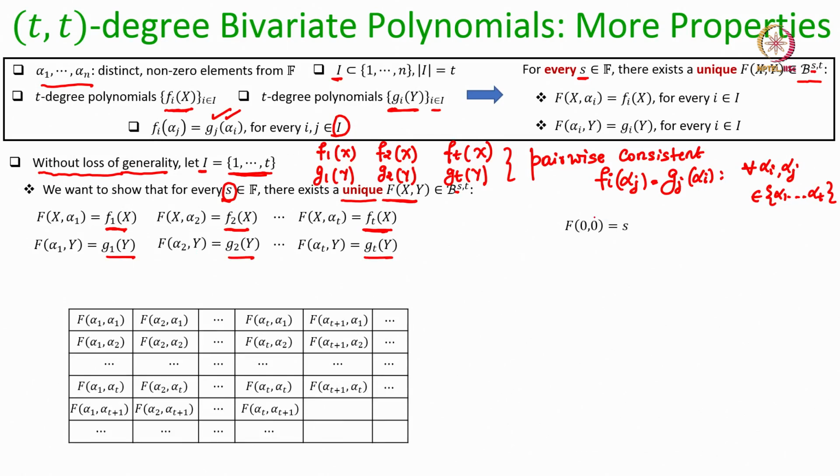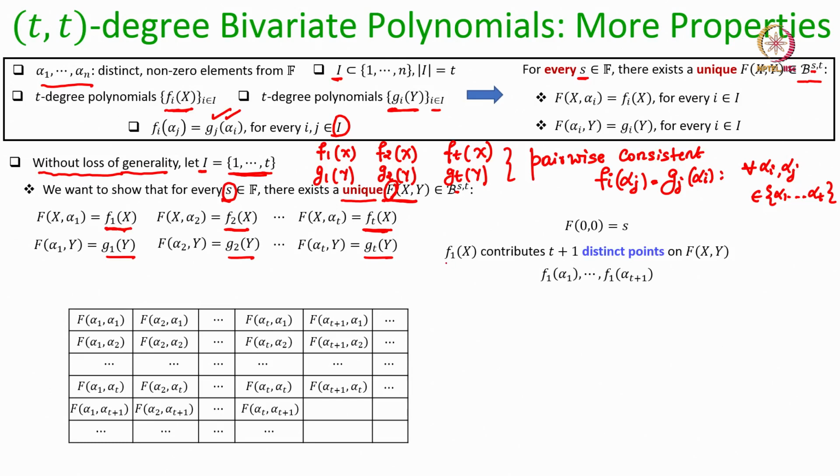So, how many points on the bivariate polynomial f of x, y which you want to find out are you fixing? Well, you are fixing its constant term because you want that the constant term of that bivariate polynomial should be s. That means you are fixing the point f of 0, 0 and now you want that bivariate polynomial f of x, y when evaluated at alpha_1 should give you f_1 of x.